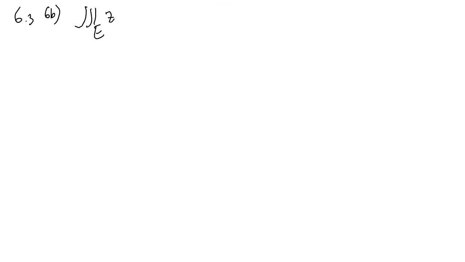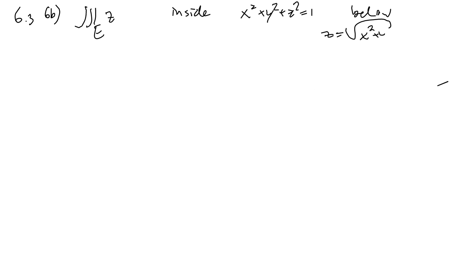So we have a region inside the sphere x squared plus y squared plus z squared equals 1, and below the cone with equation z equals square root of x squared plus y squared. Below that cone.